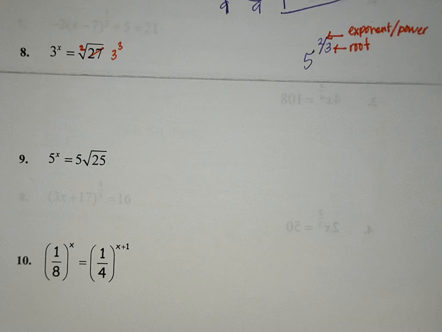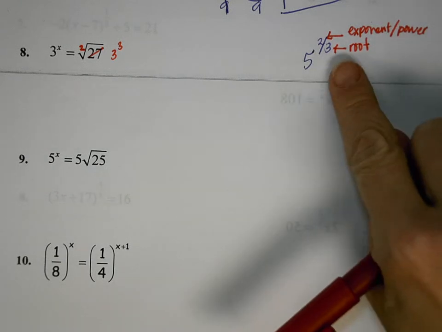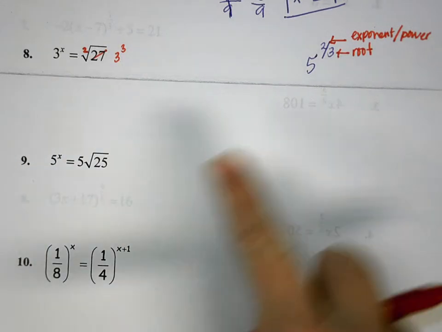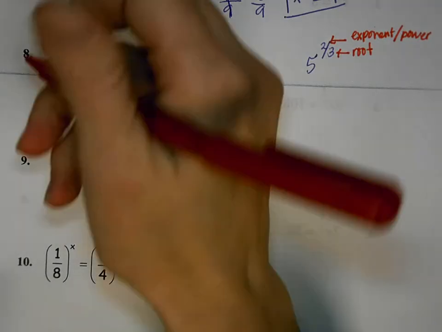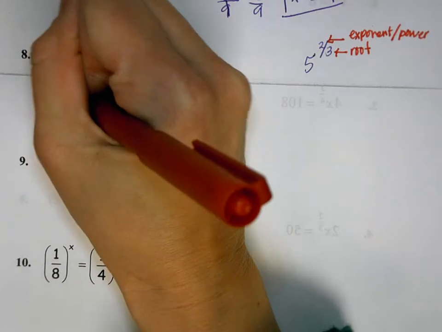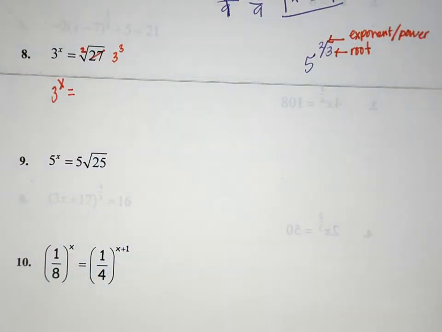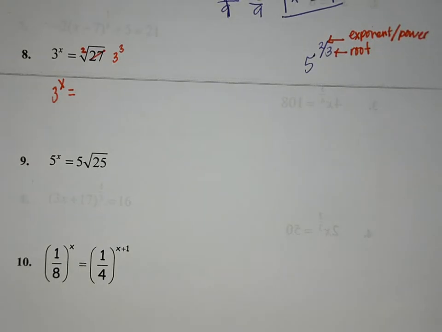So we're going to go backwards. We're going to change it from root form into exponential form. What we learned right here, we're going to use this information and write this as an exponent. So we have 3 to the x power equals, and it's going to be 3 to the what? 3 over 2.